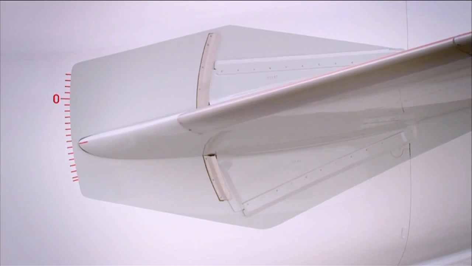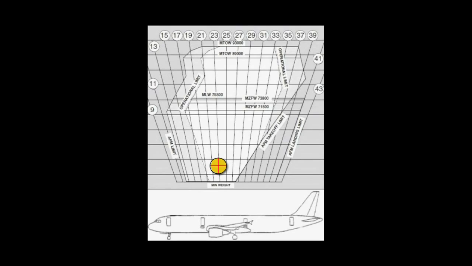So, starting with an empty aircraft, watch and see how load affects the C of G as it is added. First, the fuel, followed by a full load of passengers. Then we add a typical standard baggage load. That gives us a fairly normal C of G, nicely within the safe flight envelope, good to go.